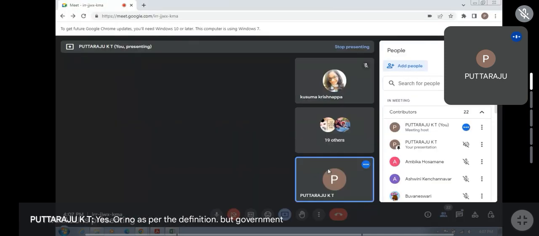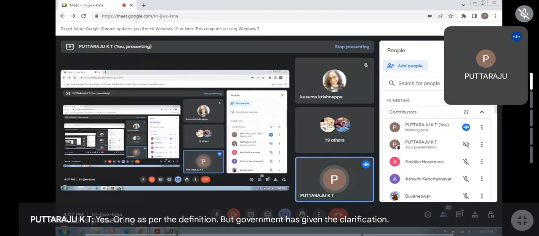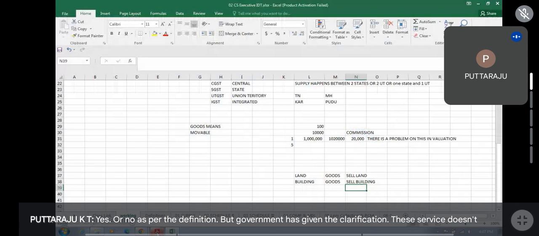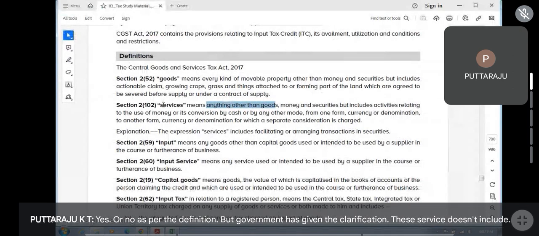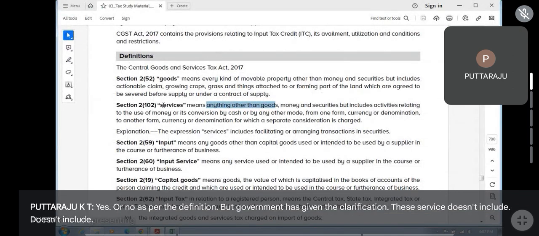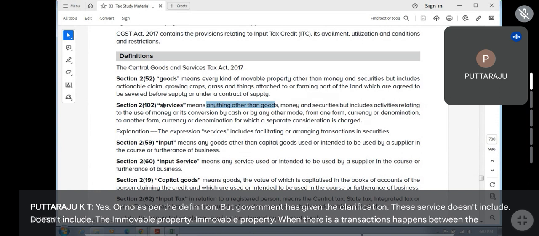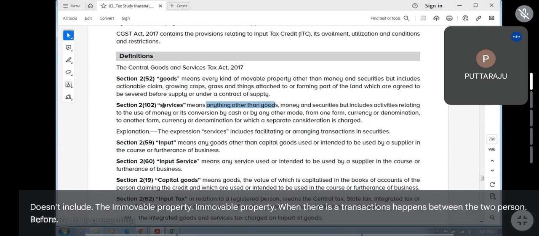But the government has given the clarification, the service doesn't include immovable property, when a transaction happens between two persons before the completion certificate is received.